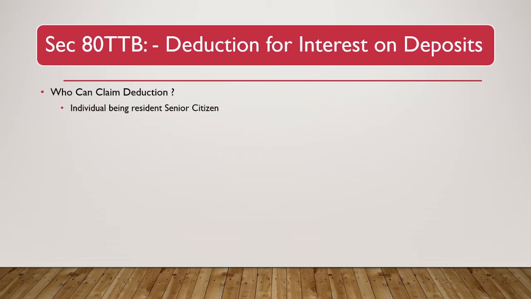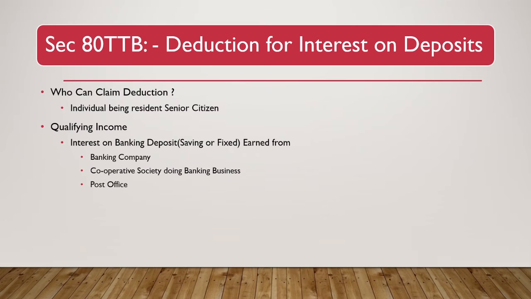SSC can claim interest received from savings bank account, fixed deposit or recurring deposit, but he shall have these accounts with a banking company, a corporate society doing banking business, or a post office.